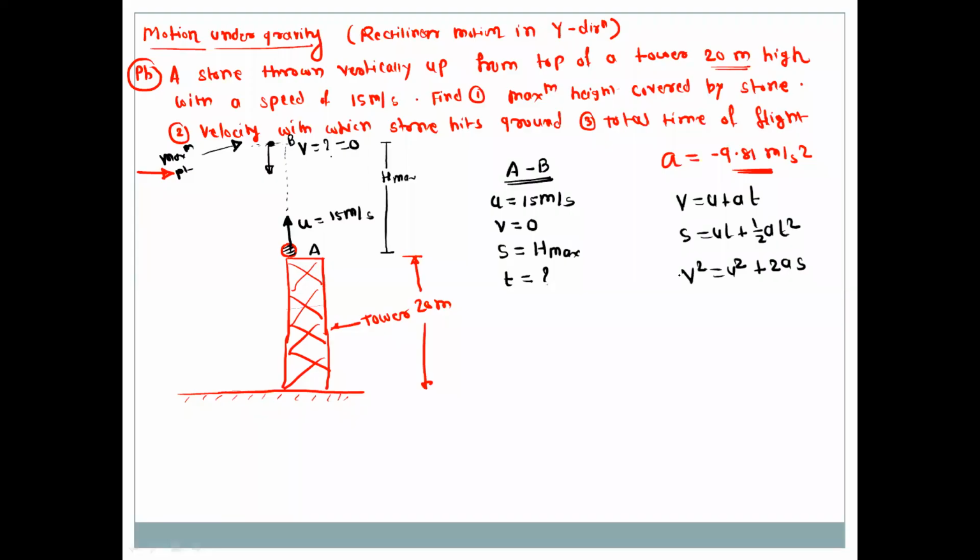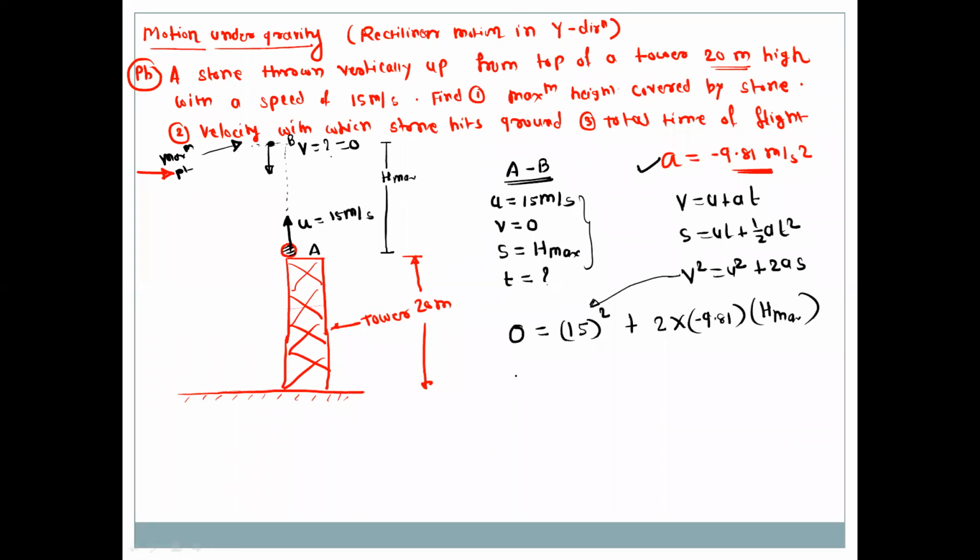So now refer third equation and put these values. So v is the final velocity, that is 0. Initial velocity is 15. So this is 15 square plus 2 into what is acceleration? In the motion under gravity, acceleration value will be a is equal to minus 9.81 meter per second square. So this is minus 9.81 and s is nothing but the h max value.